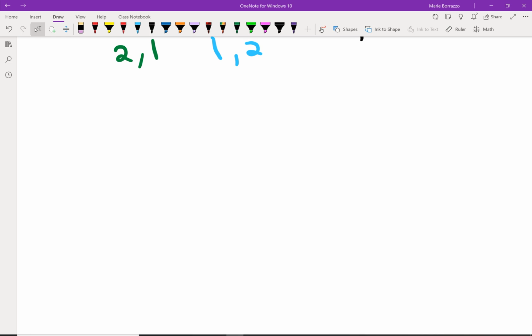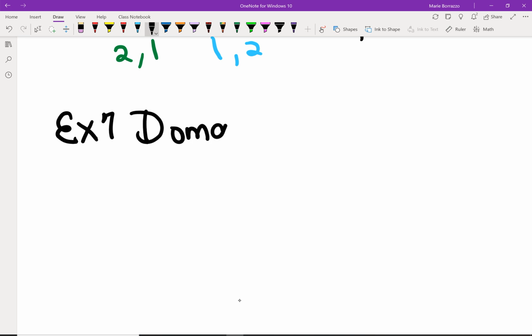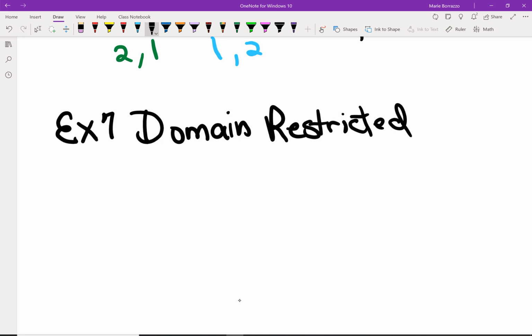Okay, our last example, example 7. This is called a domain restricted function. This will probably be the area where you have to analyze, and it'll cause you a little bit of heartache and hardship, but you'll be okay.